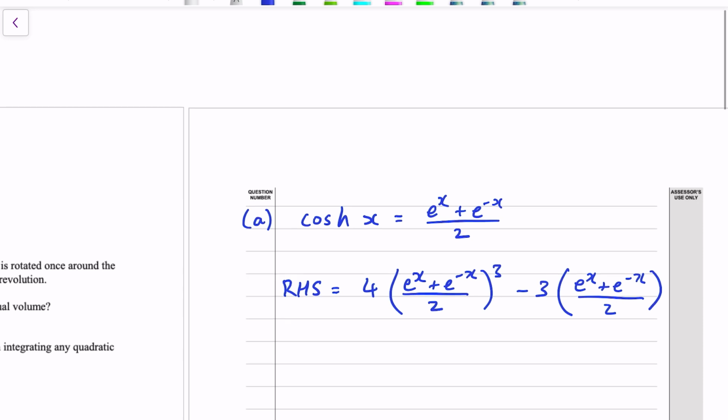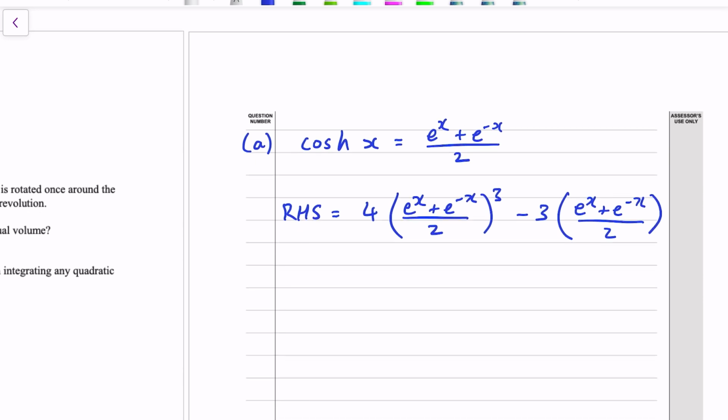Okay, we need to cube that expression, so I'm going to use the binomial theorem for that. First of all, I'll pull the 2 cubed out of the denominator as an 8, so we've got 4 over 8. And then e to the x plus e to the minus x all cubed.